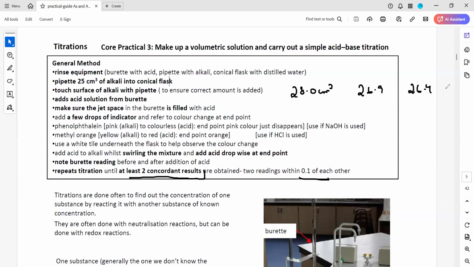Should I repeat? Yes, I should repeat. This is a range finder, this is a first titer, this is a second titer. The difference between them should be plus or minus 0.2. 0.2 is acceptable as concordant.